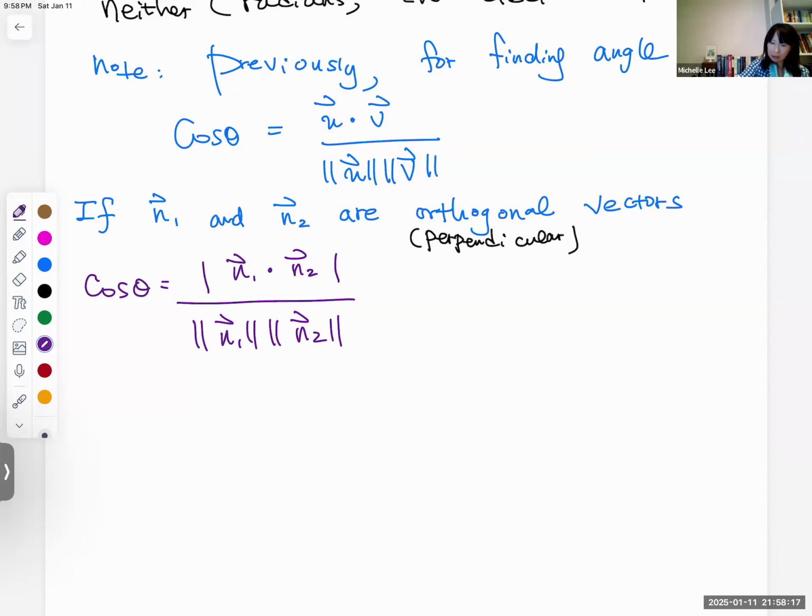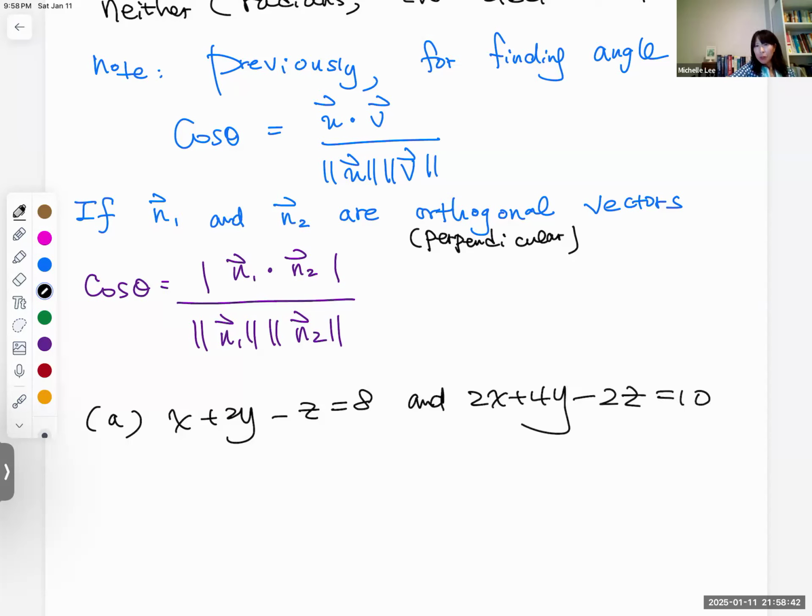The first one: x plus 2y minus z equal to 8 and 2x plus 4y minus 2z equal to 10. We had experience earlier, so what is a normal vector? We are using only the coefficients of x, y, z.